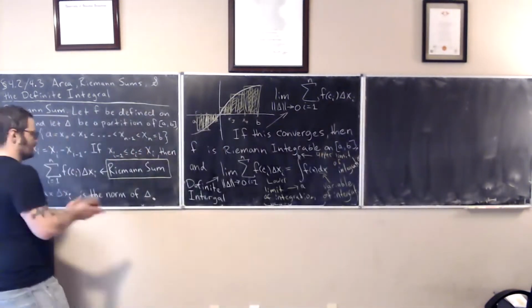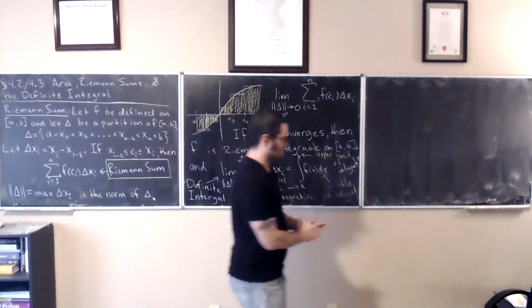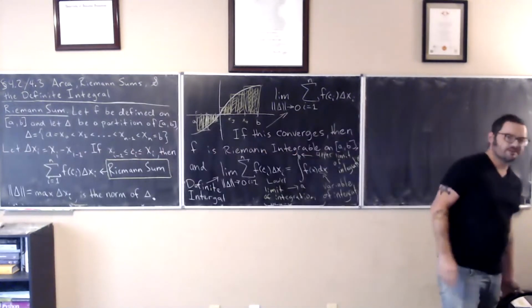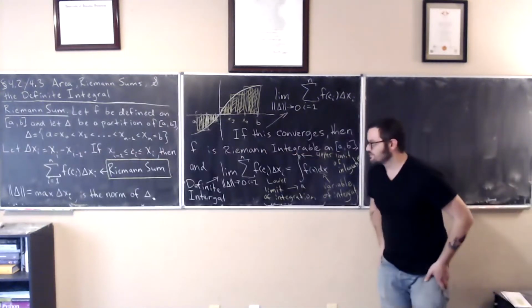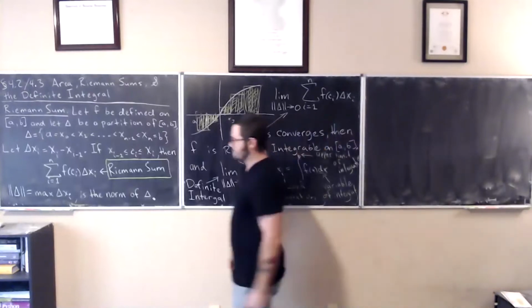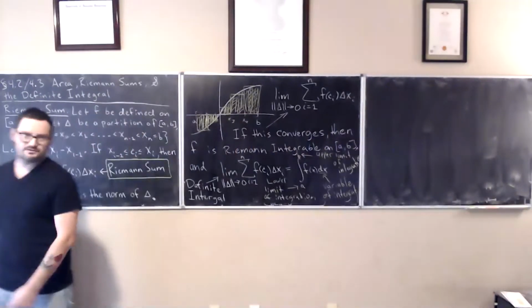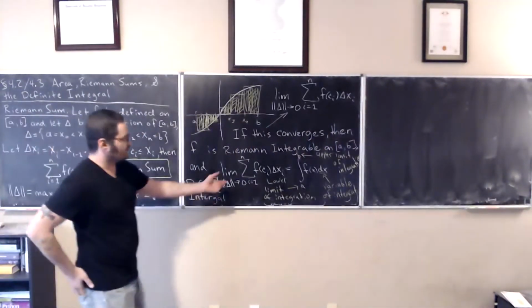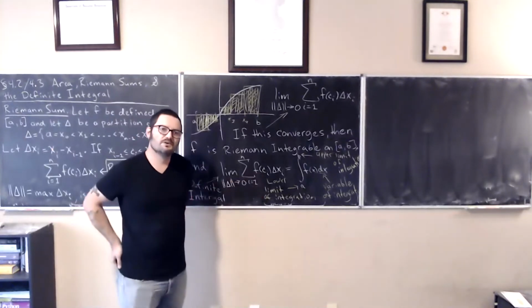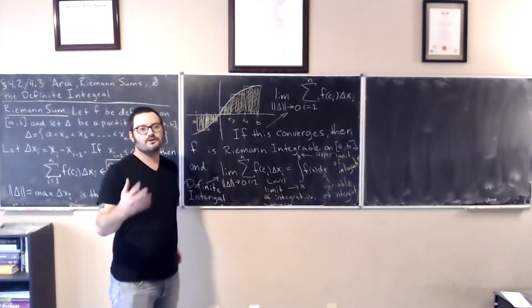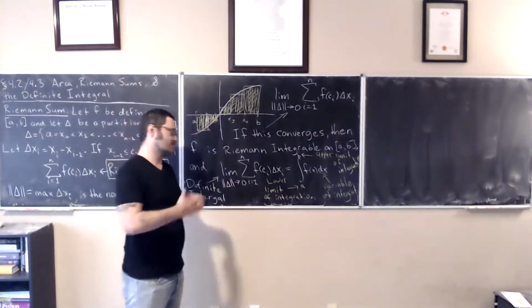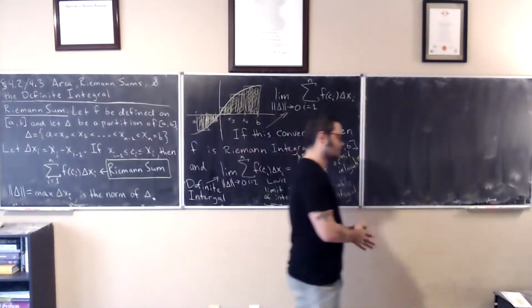Now, as we saw in the last lecture, evaluating these limits can be somewhat cumbersome. It took something like 30 minutes just to set up the Riemann sum for a linear function, and then once we had that set up, we evaluated the limit and saw that it converged.